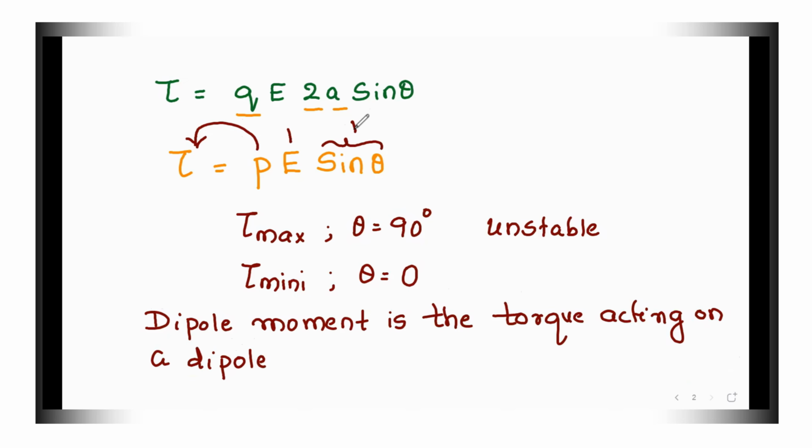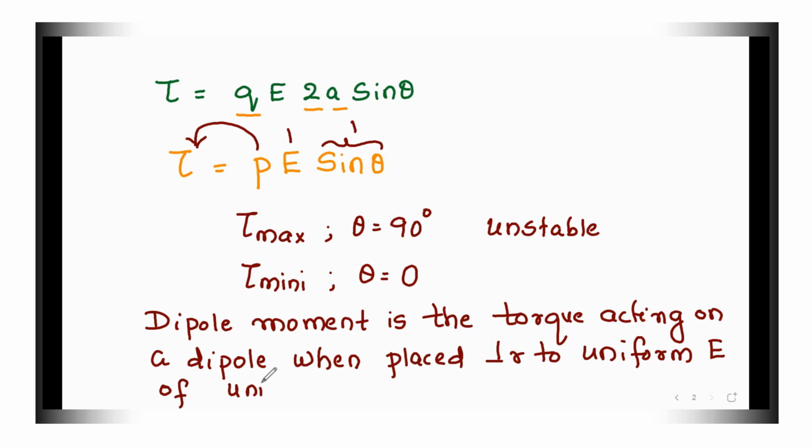If sine theta is 1, theta should be 90 degrees. So the dipole should be placed perpendicular to a uniform electric field of unit intensity. Don't forget, dipole moment is the torque acting on a dipole when placed perpendicular to a uniform field of unit intensity. So this is the definition of dipole moment.